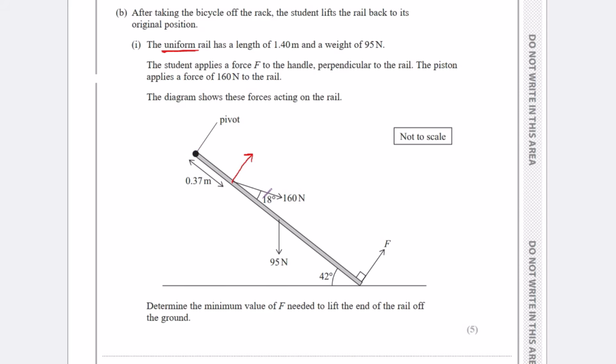So this is 160 and there is no angle here. So this is 160 sine 18; without the angle, it is sine theta. Then, I think you know this from your M1 mechanics that if this angle is 42, this angle should also be 42.